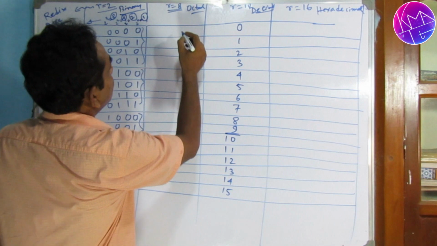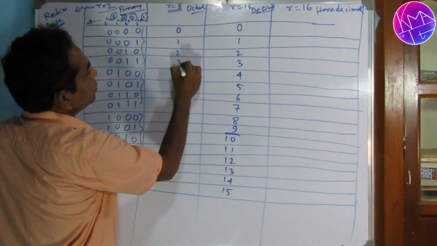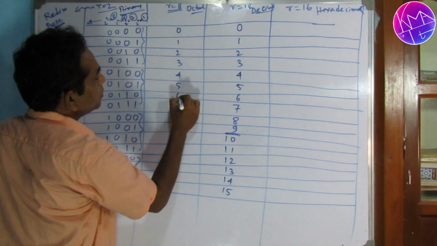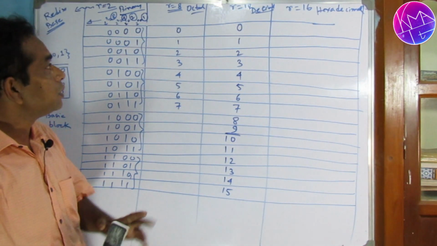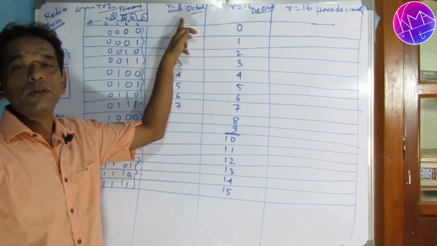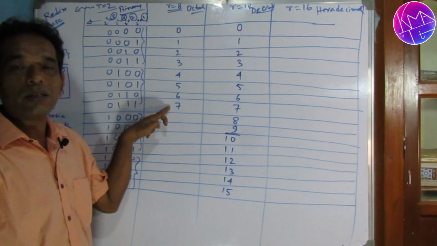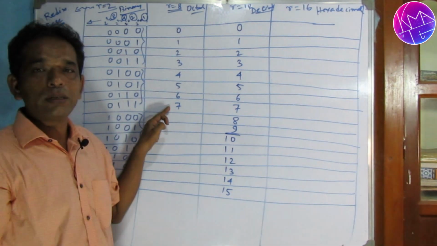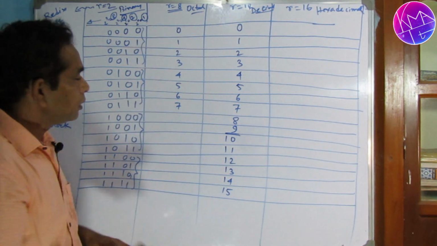Now let's complete the octal: 0, 1, 2, 3, 4, 5, 6, 7, not more than that, because in the octal number system we have only up to 7. So in total 8 distinct symbols are there starting from 0. That's why we can move up to 7.